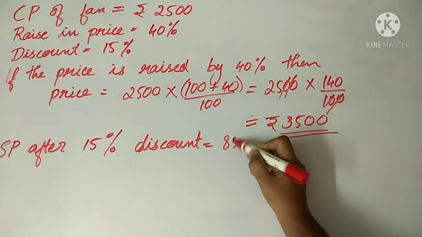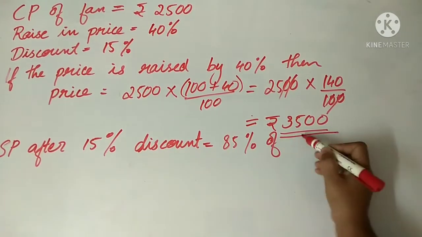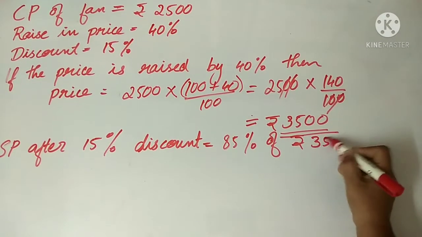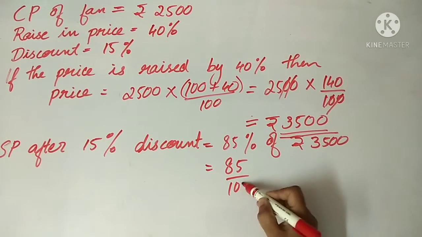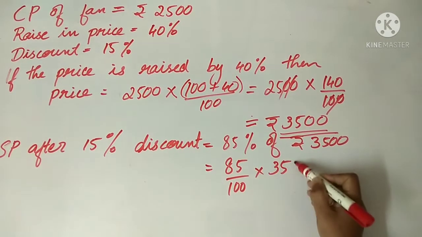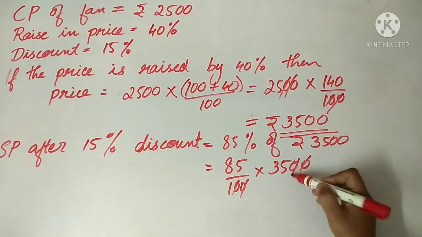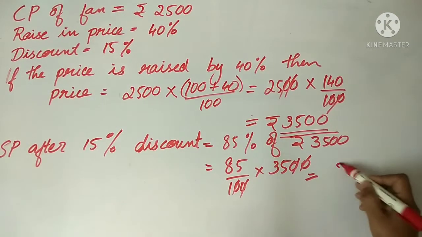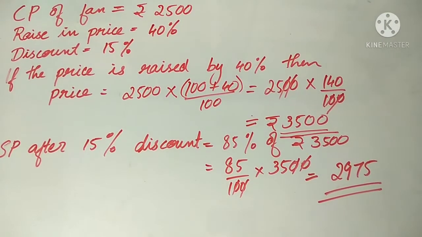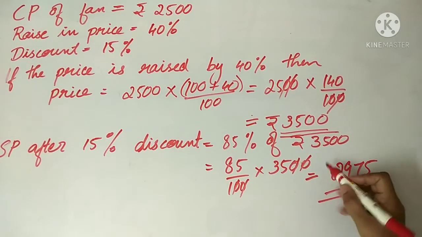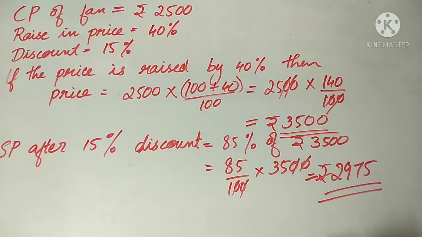So 85% of rupees 3,500. That is equal to 85 by 100 into 3,500. These zeros get cancelled. Balance 2,975. So after the discount of 15%, the amount of fan becomes 2,975.